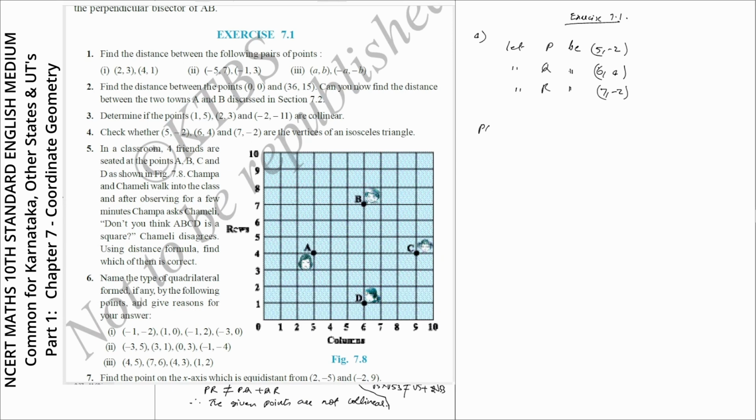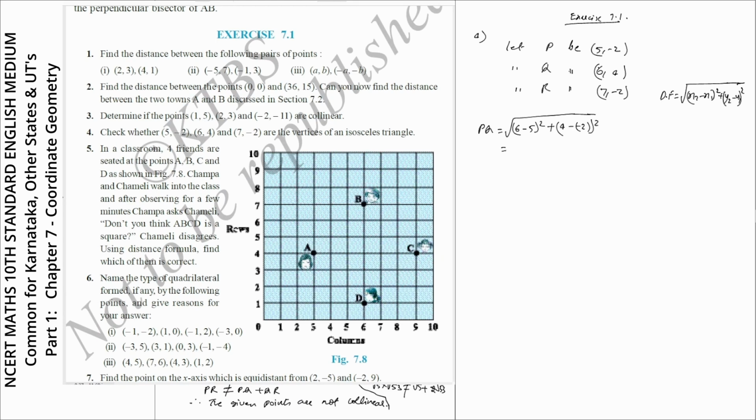So for the distance PQ, you need to write the formula. What is the distance formula? The distance formula is the square root of (x2 minus x1) the whole square plus (y2 minus y1) the whole square. So here PQ is equal to the square root of (6 minus 5) the whole square plus (4 minus of minus 2) the whole square.